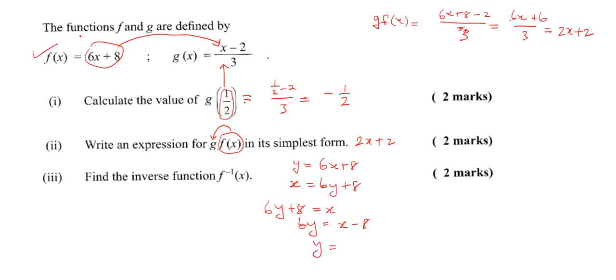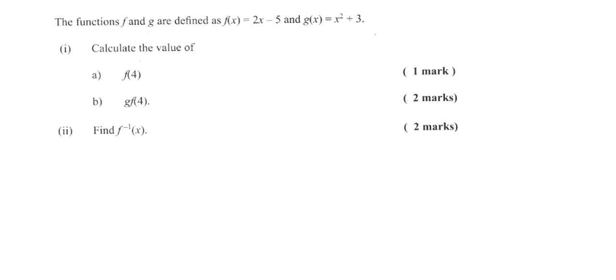Therefore y is equal to x minus 8 all over 6. So therefore f inverse of x is equal to x minus 8 over 6. Pretty straightforward. You just need to practice as many questions as you can.